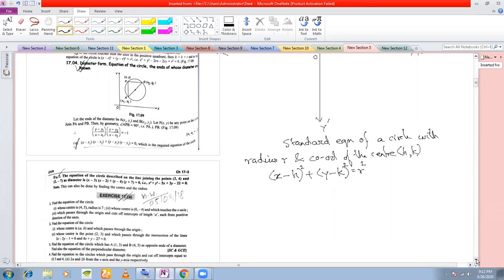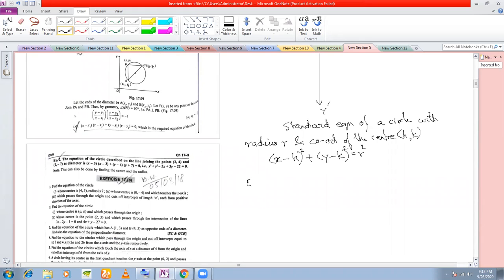Now, for example, if I give you the equation x square plus y square is equal to 9, can you tell me the center and radius of this circle?